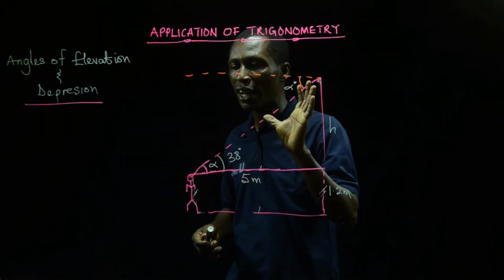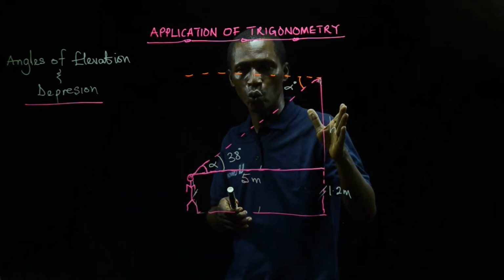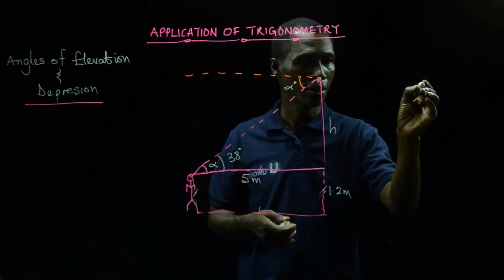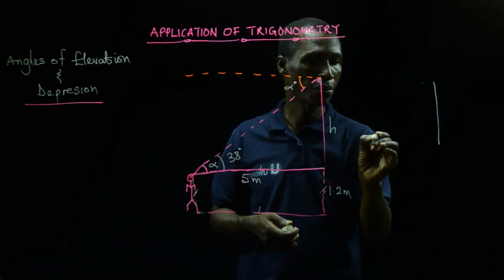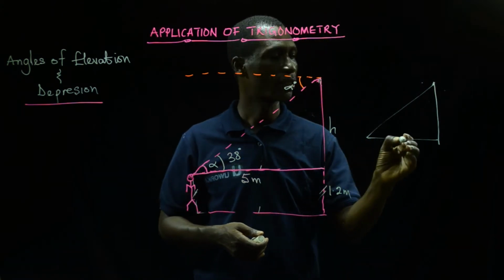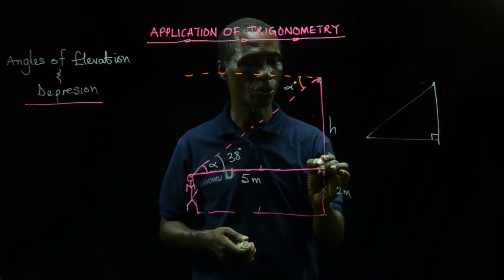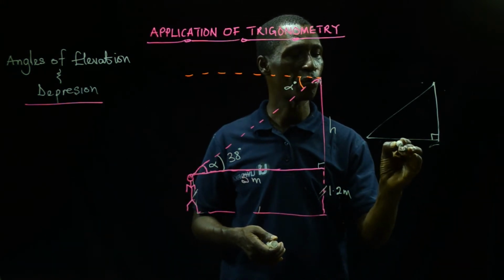And we have just learned how to calculate the side. So if I just try to bring the triangle, if the triangle is like this, this is perceived to be the triangle. And where Kofi is standing, this section is vertically meeting the horizontal at 90 degrees. So it's a right angle. So this is 5 meters.